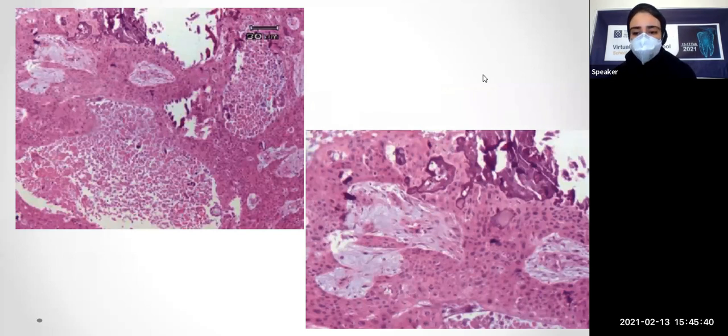The dystrophic calcification is extended through the whole lesion, and even you can see in the tumoral cells some nuclear atypia and pleomorphism.